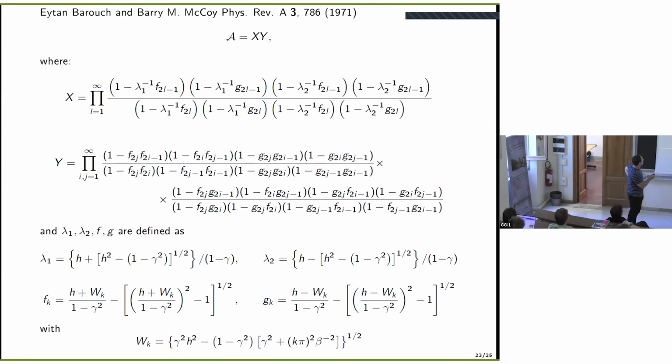Here is a result from Barouch and McCoy, and that's how it was presented in the paper. But now we have one nice exponential of a double integral, which is a little bit better. It's also reasonable if you don't have powerful computers. This product is much better to evaluate numerically. Probably in 71 it had some meaning, but now the double integral is much better.